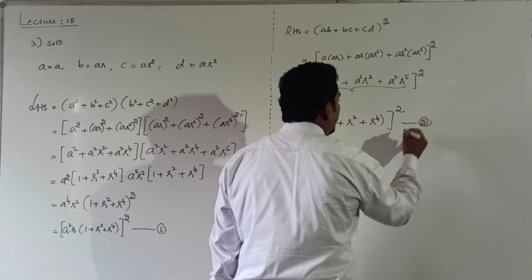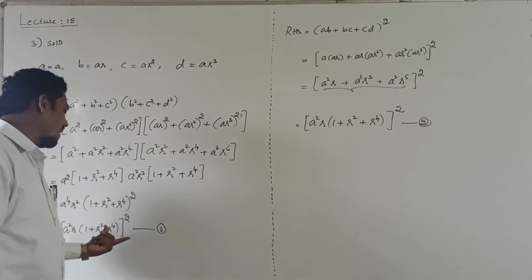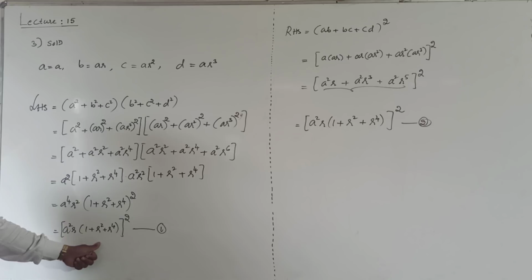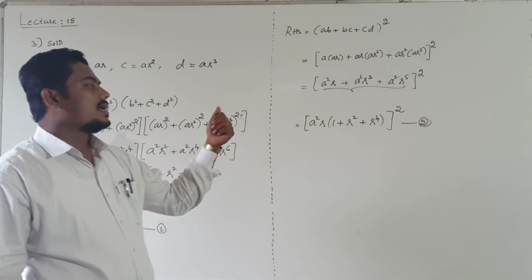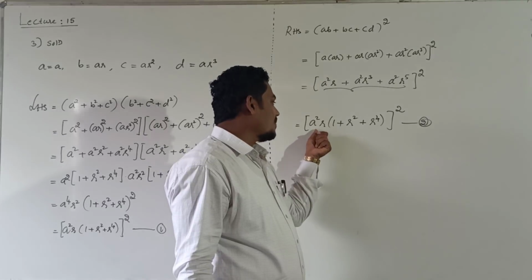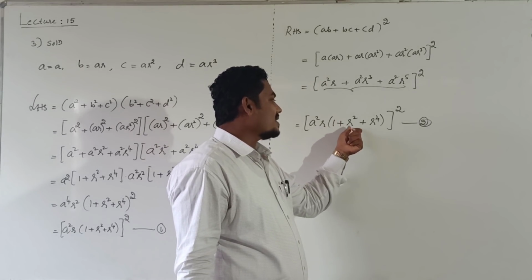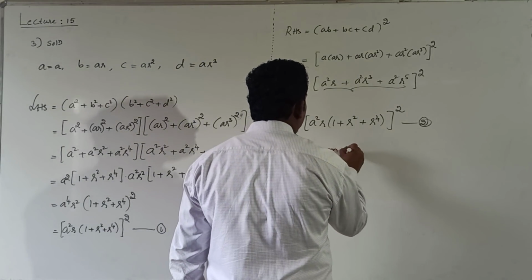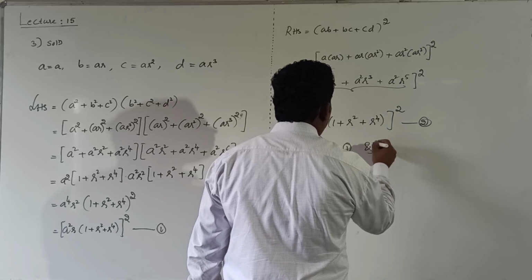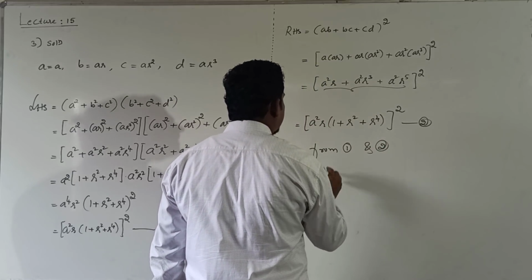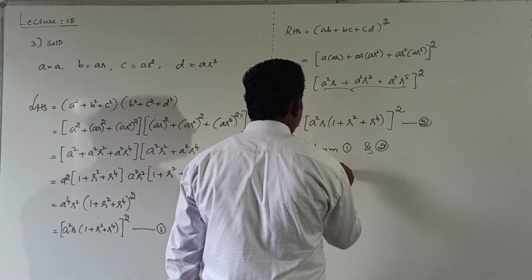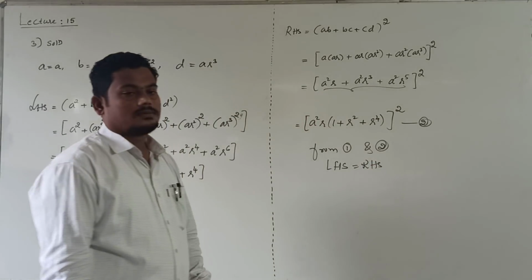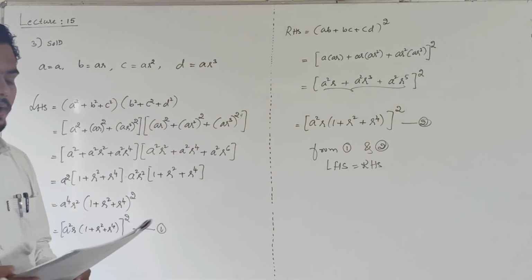Take this as equation number 2. Now look at equation number 1 and 2. What is our equation number 1? a square r in bracket (1 plus r square plus r power 4) whole square, and equation number 2 is also a square into r in bracket (1 plus r square plus r power 4) whole square. From equation number 1 and 2, clearly LHS is equal to RHS.